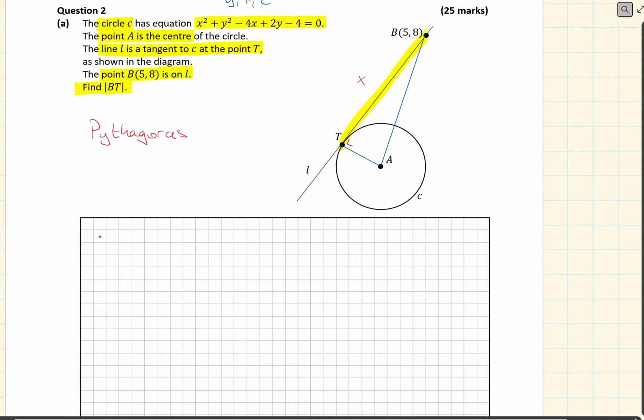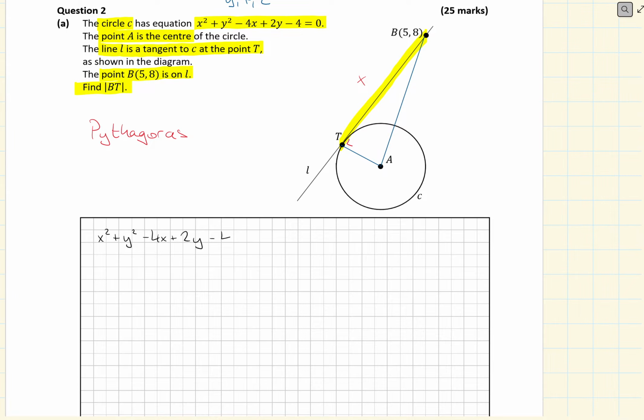So we have the circle equation x squared plus y squared minus 4x plus 2y minus 4 equals 0. And we know the centre is equal to (minus g, minus f), and the radius is the square root of g squared plus f squared minus c. Minus 4x will equal 2gx.